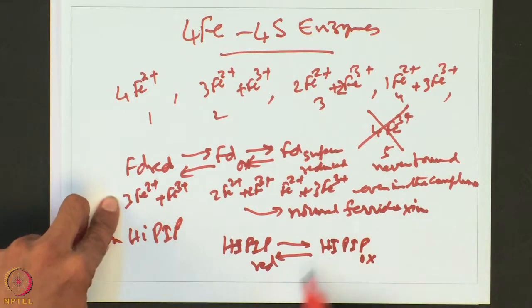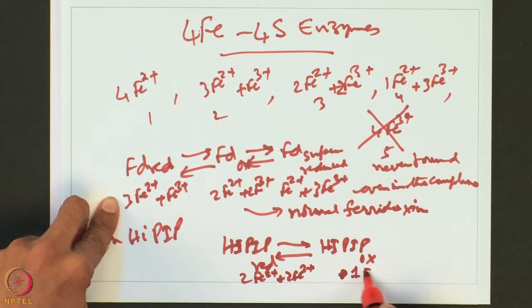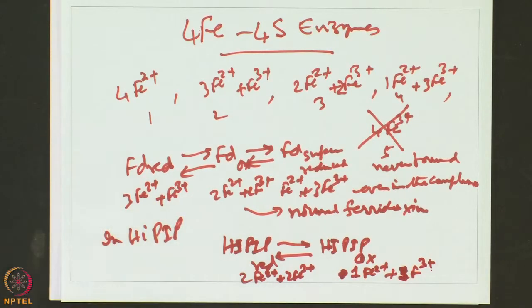Okay. So that is 2 iron 2 plus 2 iron 3 plus going to 1 iron 2 plus 3 iron 3 plus. So only these two forms are possible in these systems.